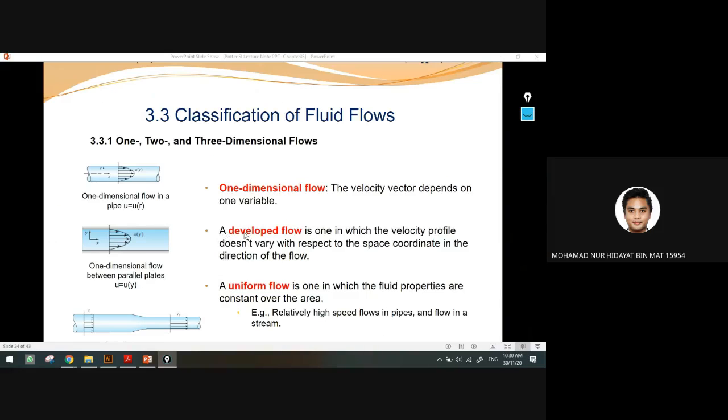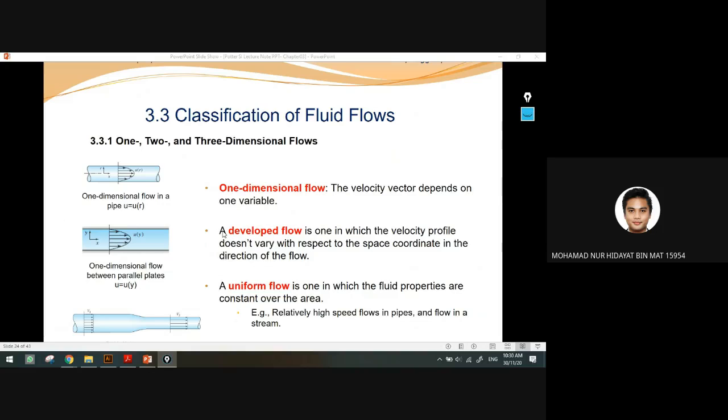So here is developed flow. It is one in which the velocity profile does not vary with respect to the space coordinate in the direction of flow. Alright, I think you only learn about this kind of flow. However, when you go into great detail, there are many kinds of developed flow: fully developed flow, partially developed flow.